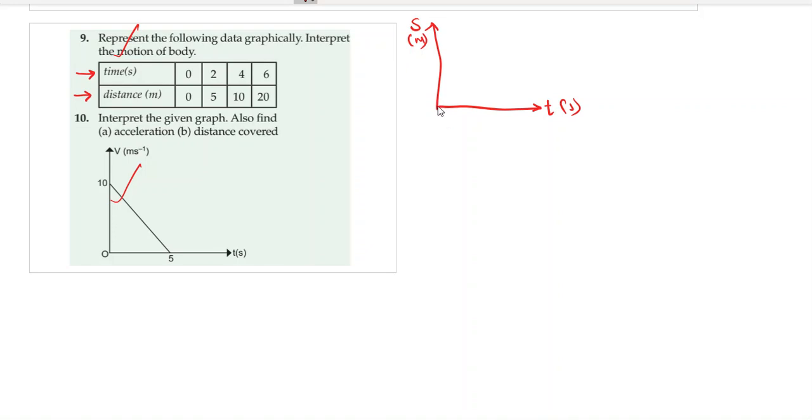So what are the values? Let's put 0, 0, 2, 5. So the time is after 0 seconds, it is directly 2, then 4, and then 6 seconds, and the distance is 0, 5, and then directly 10, and then 20.